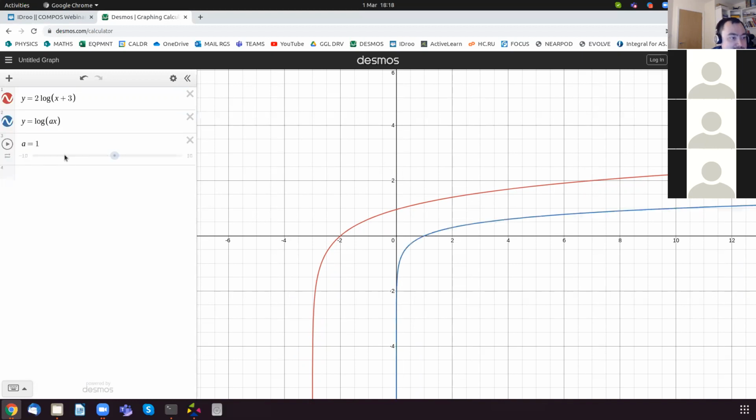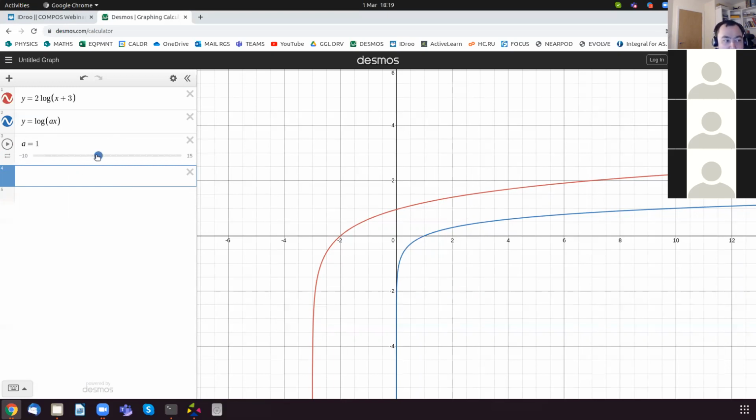Add a slider from -10 to 15, and let's make the step 1. The blue function will change as I change a.